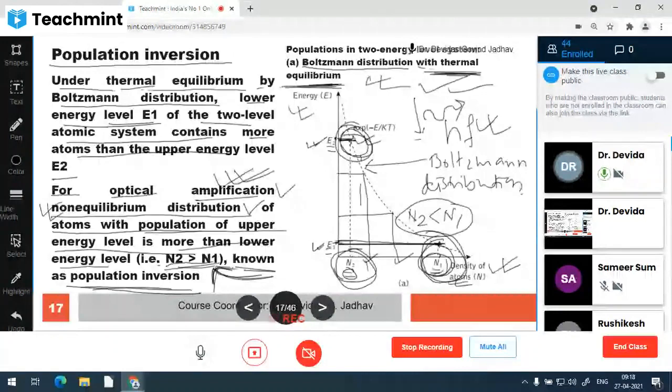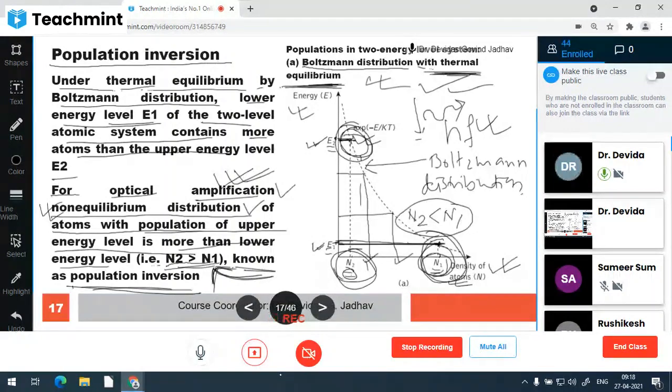This is generally the equilibrium state. If it is converted into a non-equilibrium state distribution, then the conduction state number of atoms N2 becomes larger than the valence state number of atoms. And this is called atom population inversion.